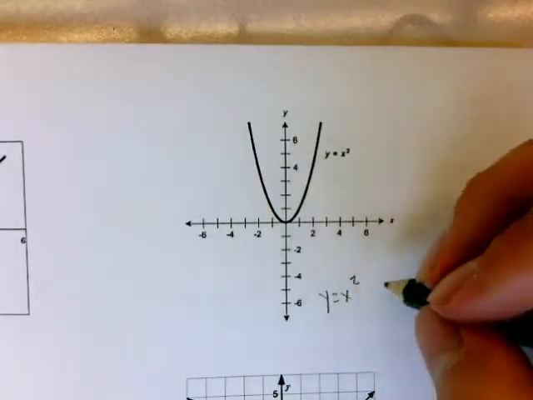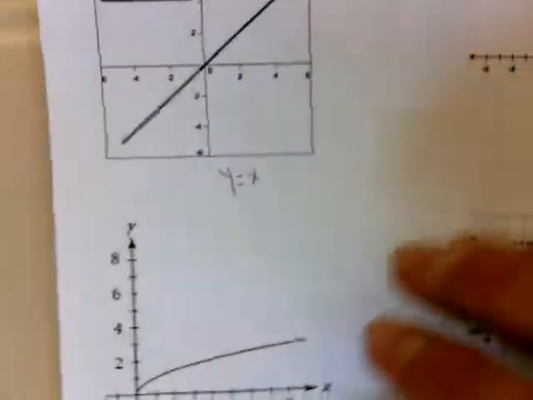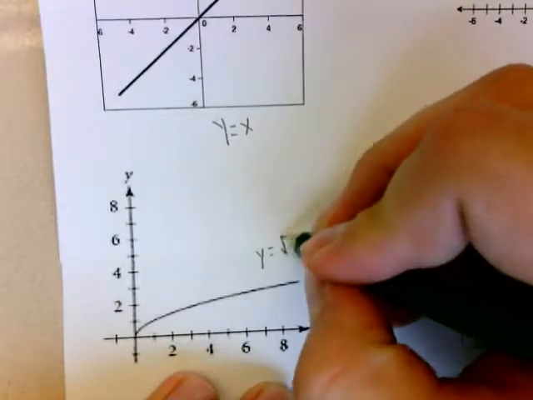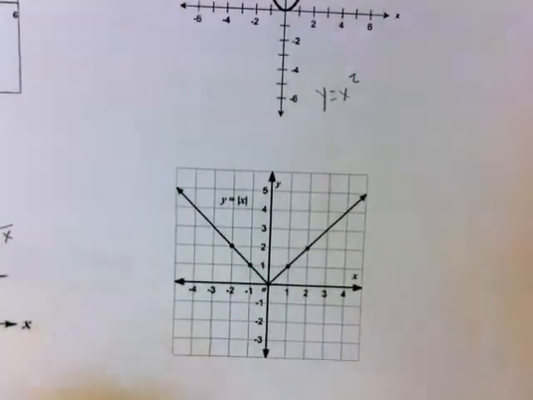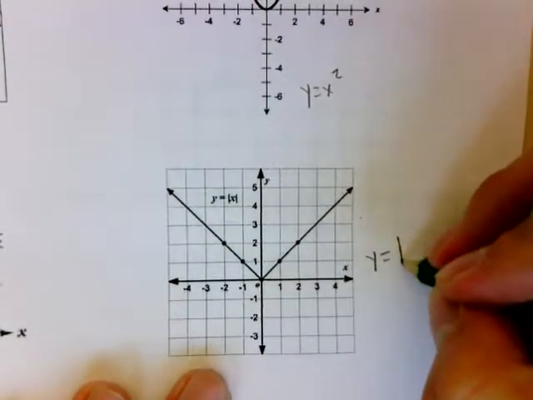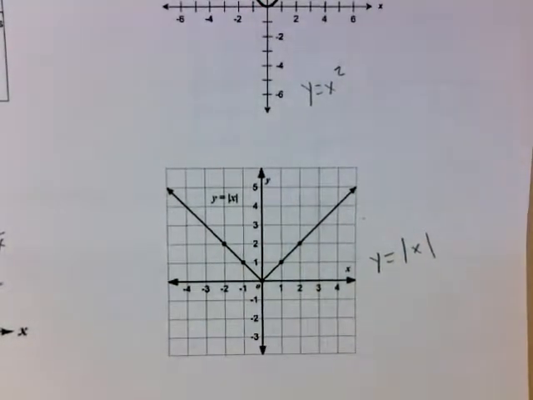All right, it's what everything branches off of. This is a root. So this is y equals the square root of x. And finally, this one is known as an absolute value. So it's y equals the absolute value of x. These are all the parent functions that we're going to be dealing with.